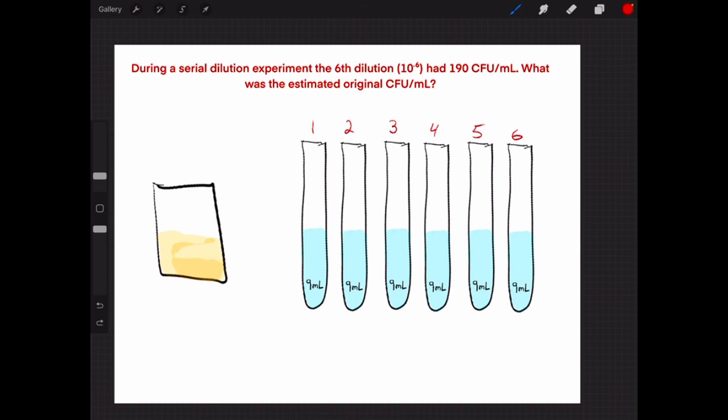During a serial dilution experiment, the sixth dilution, 10 to the negative sixth, had 190 CFUs per milliliter. What was the estimated original CFUs per milliliter? Now, we know that this one down here is our sixth. It had 190 colonies grow from the 1 milliliter that was taken out of it.